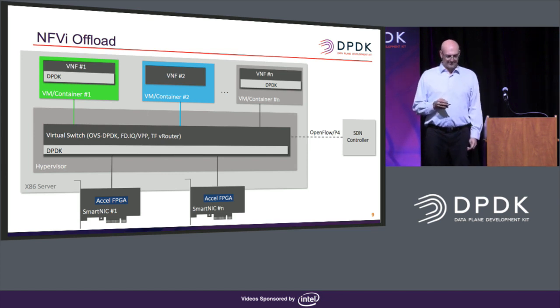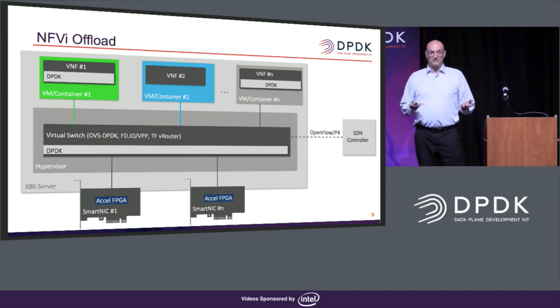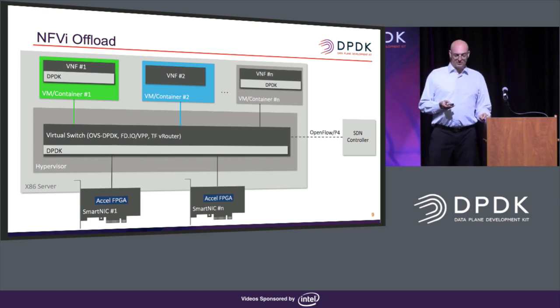Each VNF or virtual machine needs to process something like 40 gig, and assuming each core provides 10 gig of processing, you have to dedicate 4 cores to each of the virtual machines, but then you have to have an additional 12 cores for the virtual switch. It has to process the combined traffic of all 3 virtual machines, and this takes up a lot of cores. So in some cases, this is not good.